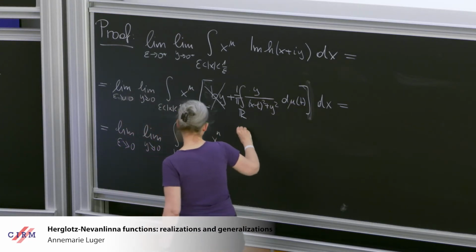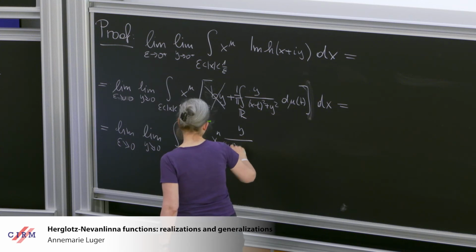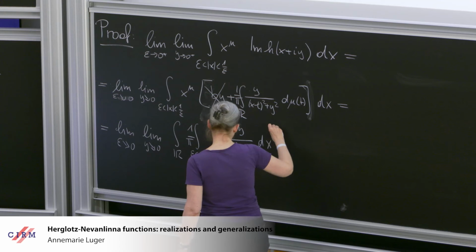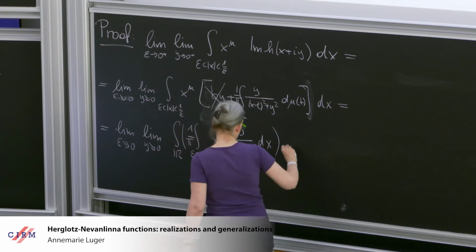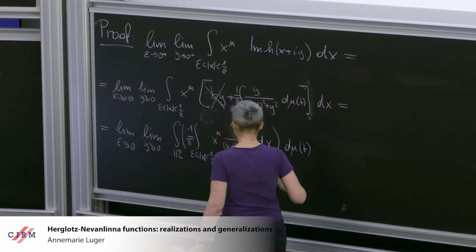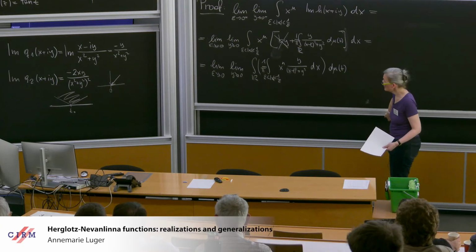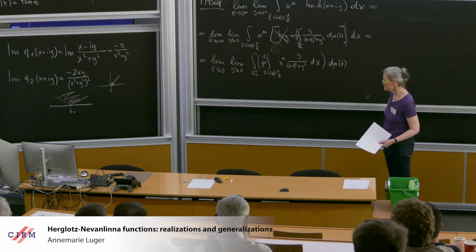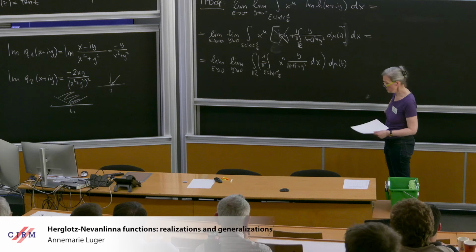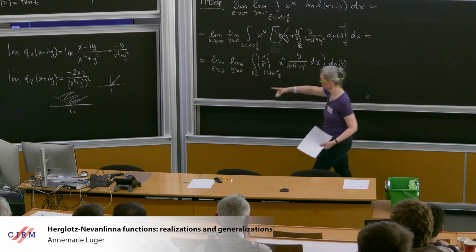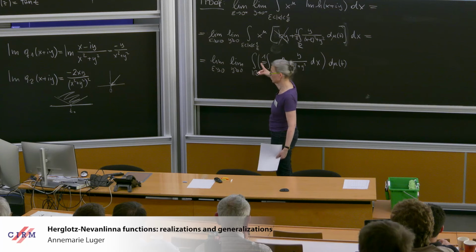x to the n, y divided by x minus t squared plus y squared, dx, and then d mu of t. Okay, so now what we want to do is to move the limit from here into this integral.